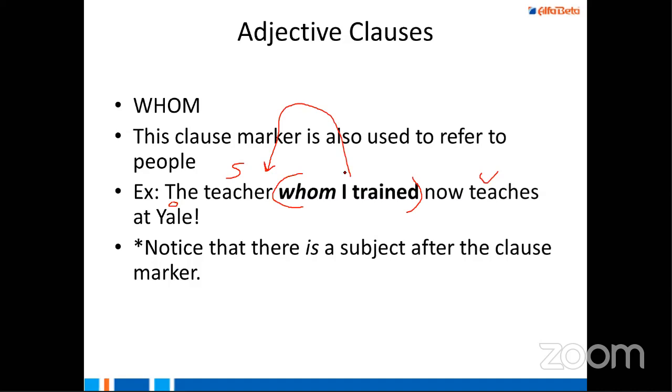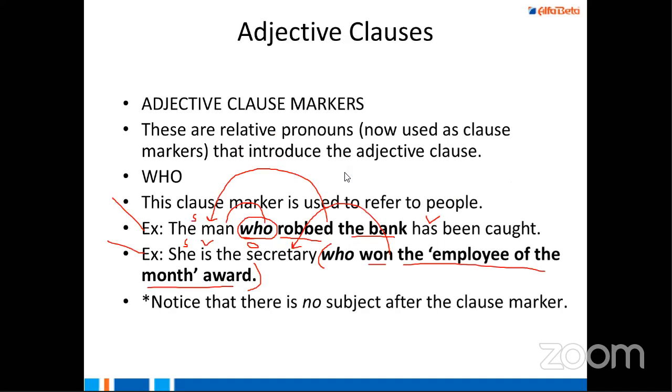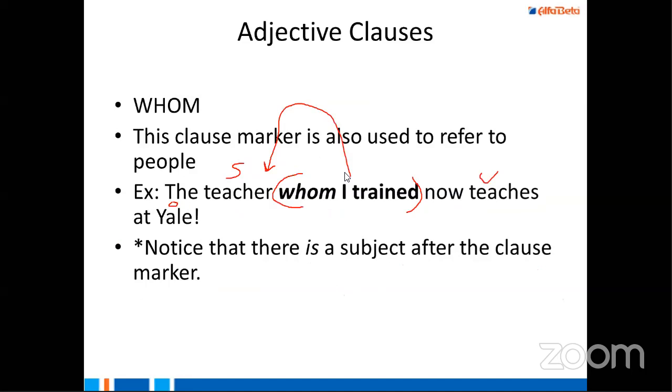Now, can you see the difference between who and whom? Who in the previous examples was followed by a verb. Whom in this example is followed by a subject.